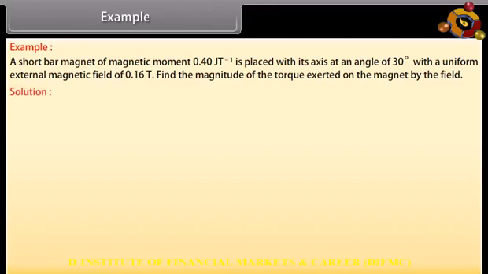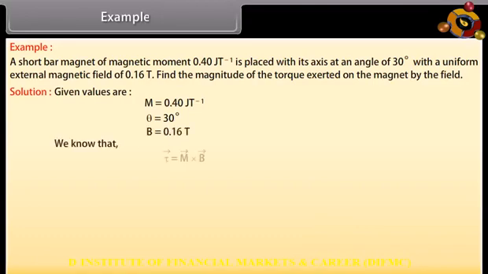Let's see the solution. Here given values are: m is equal to 0.40 joule per Tesla, theta is equal to 30 degree, B is equal to 0.16 Tesla. We know that tau is equal to the cross product of m and B, or in terms of magnitude, tau is equal to mB sine theta.